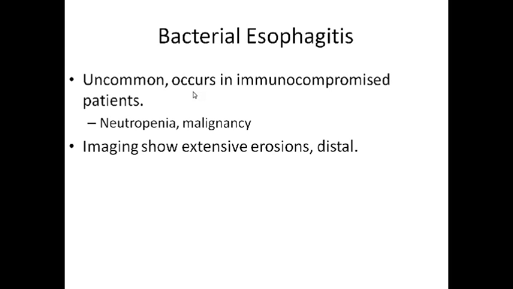We can't fight off the bacteria if we don't have neutrophils, but also malignancies or going through treatment of chemotherapy and radiation. The imaging will show extensive erosions because of the infection or of any kind of immune cells that are trying to fight off the infection. Most times they will use chemicals that will actually kill off the tissue with that, so sometimes that will cause erosions too.